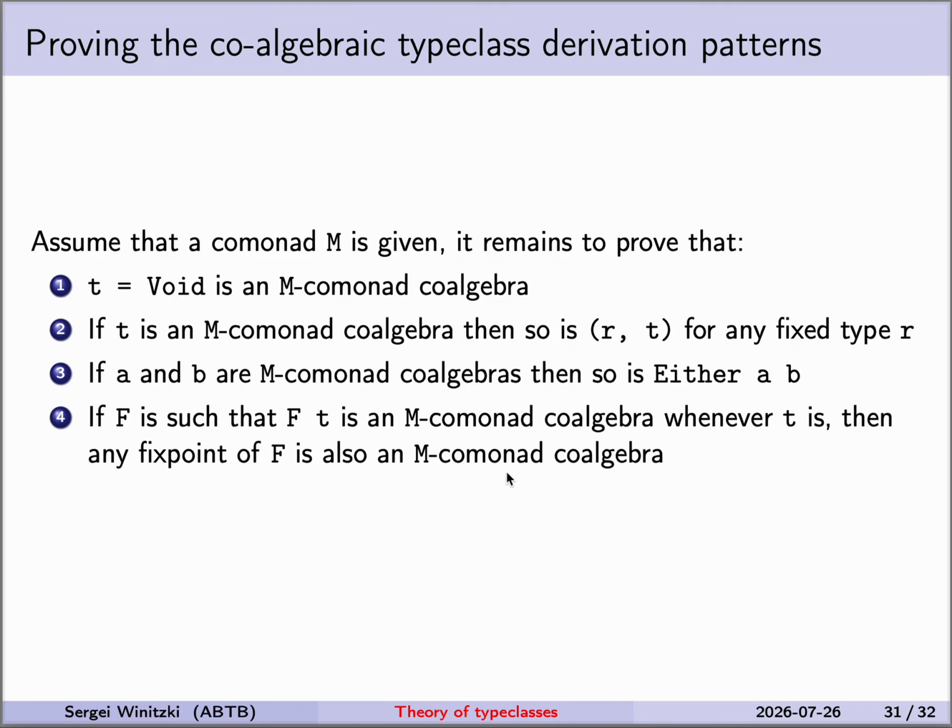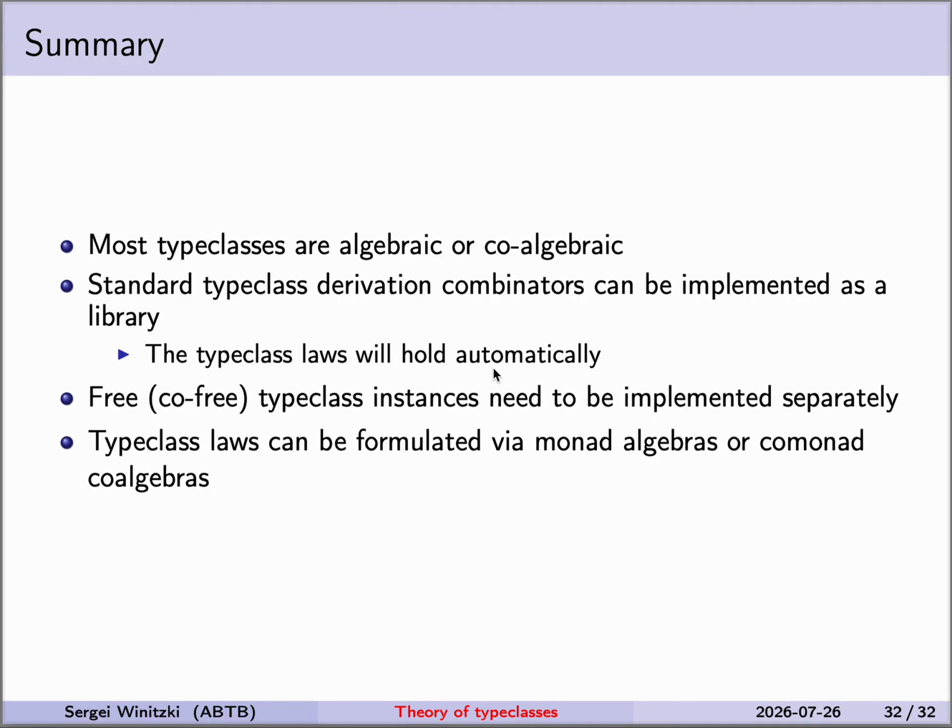So this actually concludes my tutorial on the type classes. Let me summarize what I have talked about. Most type classes that programmers are using are either algebraic or coalgebraic, depending on the type signatures of the methods.